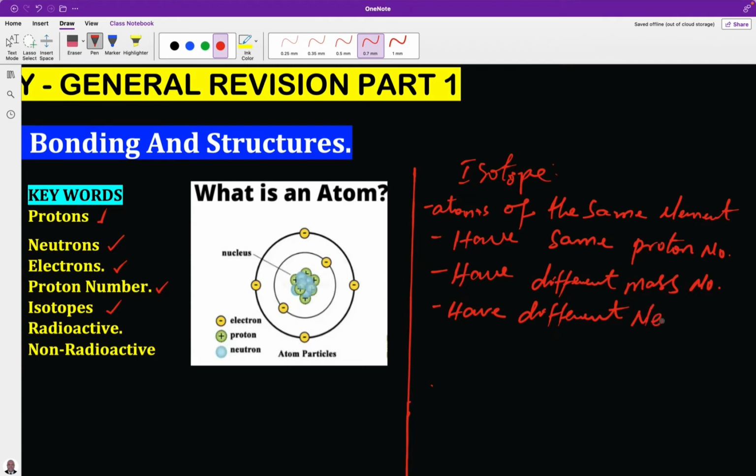An example of this could be chlorine 35 and chlorine 37.